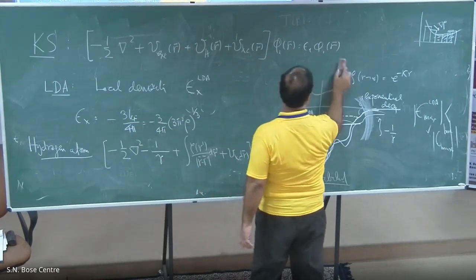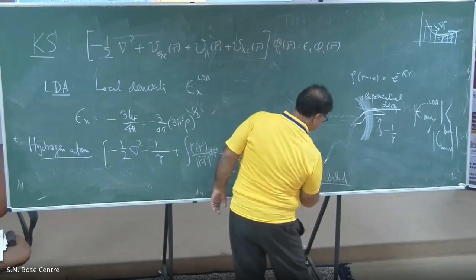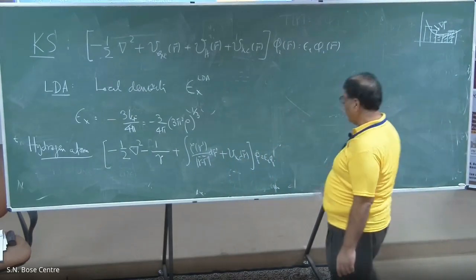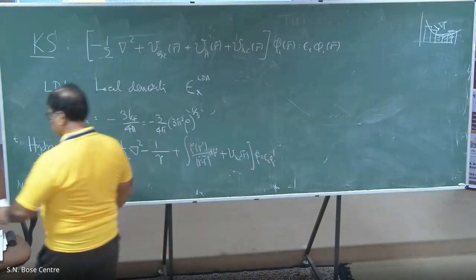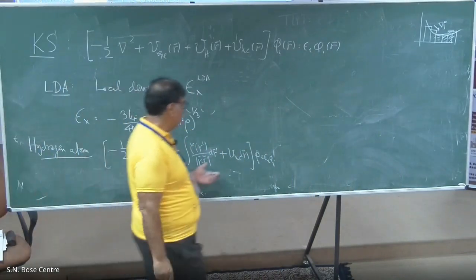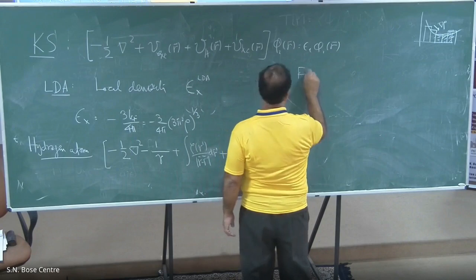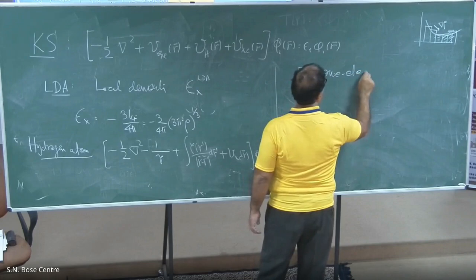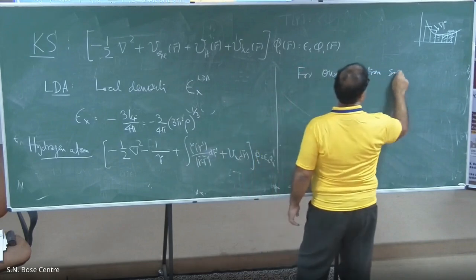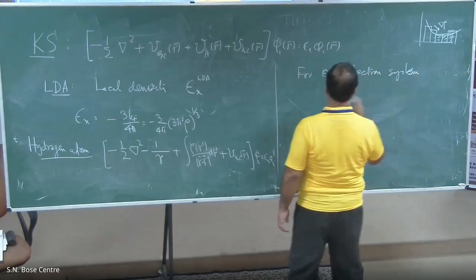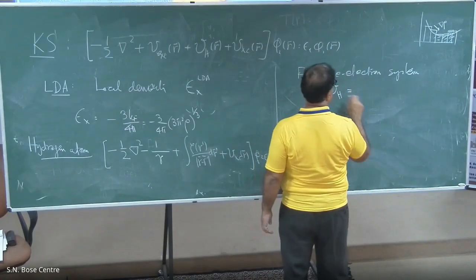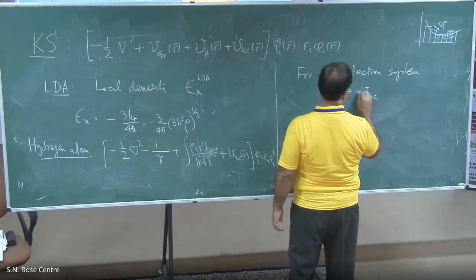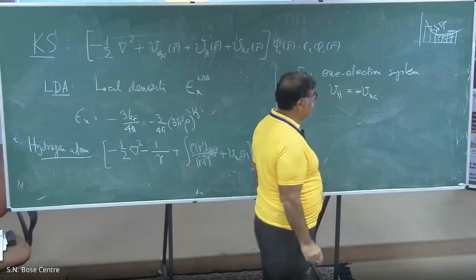can an electron interact with itself? No, it doesn't. Therefore, one property we learn of the exchange correlation potential is that for one electron systems, the Hartree potential should be equal to minus, or right, the other way.